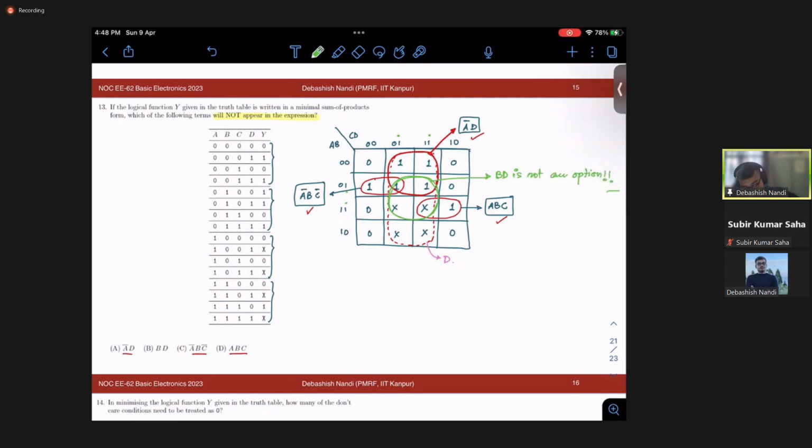Okay. So you see your BD is the right answer. It will not appear as a term in the expression of the sum of product. So what will be your Y? You can write your Y as either ABC plus A bar B C bar plus A bar D, or you can write it as ABC if you consider the don't care conditions, C bar plus this A bar D, you can simply write it as D, right?